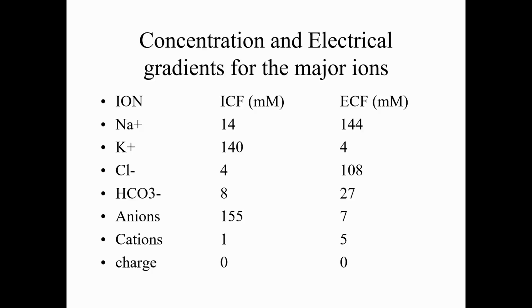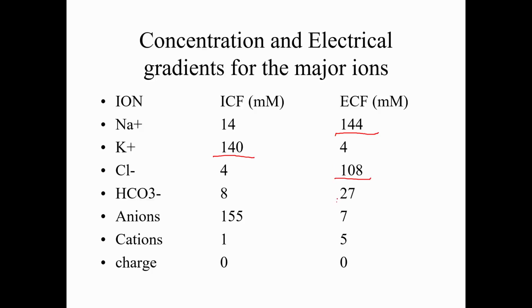Now, if we compare the intracellular fluid and the extracellular fluid, we have a lot of differences in composition. You can see that in this particular table. There's more sodium in the outside extracellular fluid than inside the cell. There's more potassium inside the cell than outside in the extracellular fluid. Most of your chloride is outside the cell.